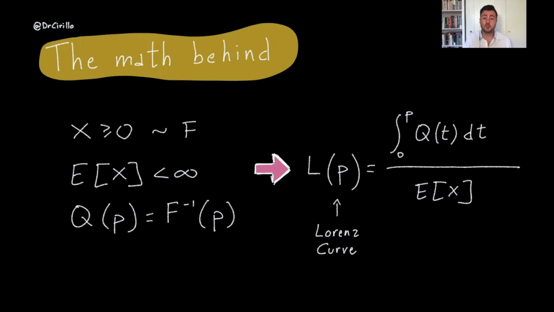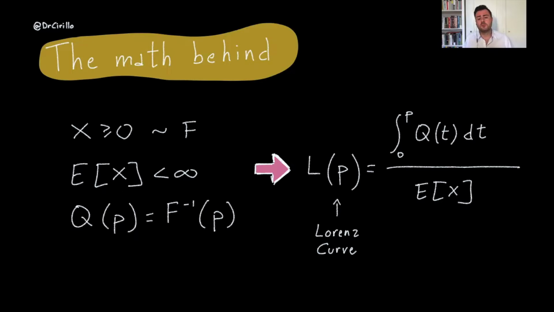The quantile function is nothing more than the generalized inverse of our CDF. So it's the function such that, if we fix a probability, it gives us the corresponding critical value for our random variable.